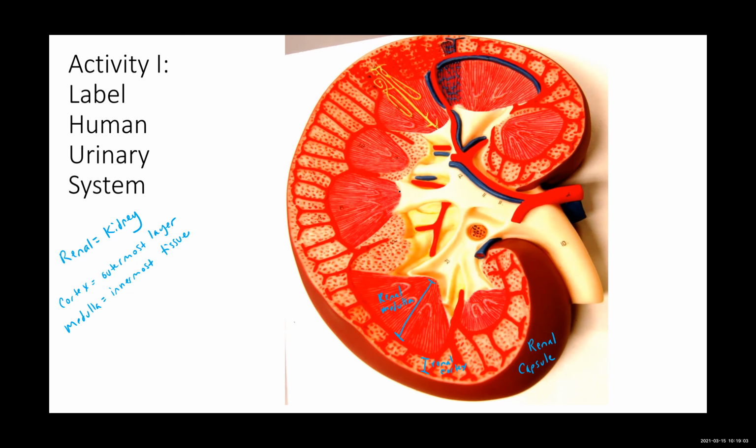And what we actually see is that the renal medulla is made up of these triangular pieces, which we call renal pyramids. So all of these triangular pieces are renal pyramids, and collectively all of the renal pyramids here make up the renal medulla.